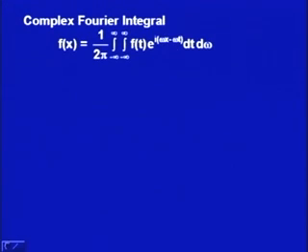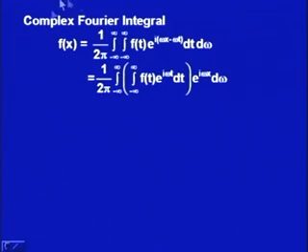Now, let us simplify this double integral again. This e to the power i omega x minus i omega t I can write as e to the power i omega x into e to the power minus i omega t. So, we are getting this 1 upon 2 pi as such, one integral with respect to t, another integral with respect to omega.